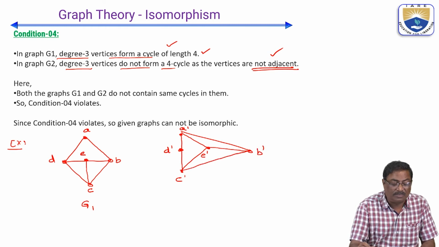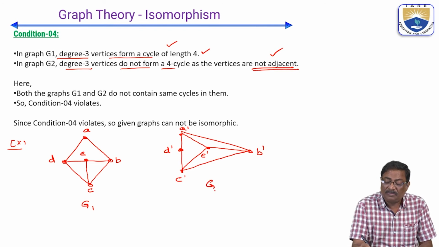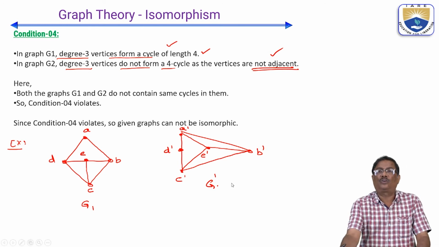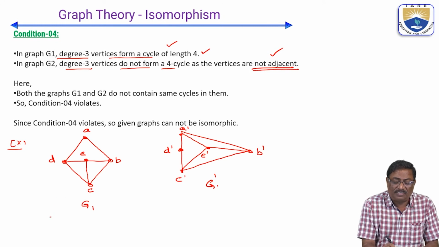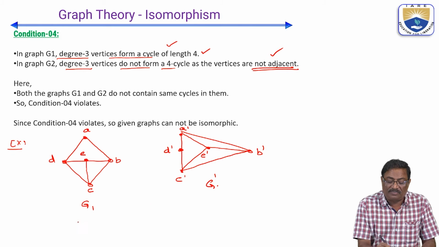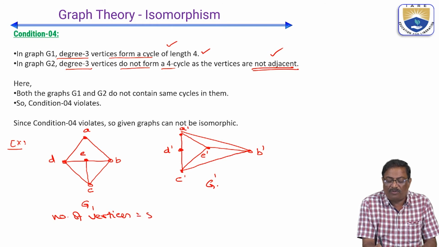I am going to consider this as another graph G dash, or G2. See here, there are two graphs. For the first graph, how many vertices does it have? 1, 2, 3, 4, 5. The number of vertices equals 5 in G1.